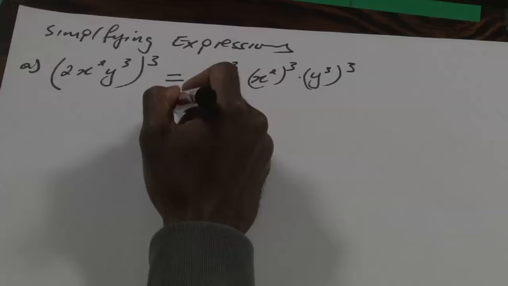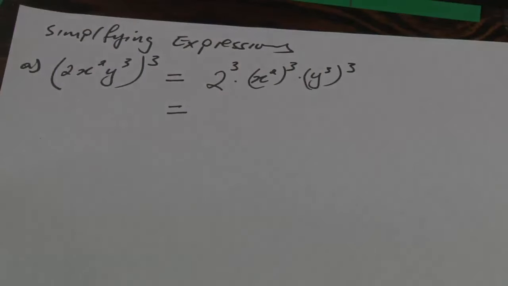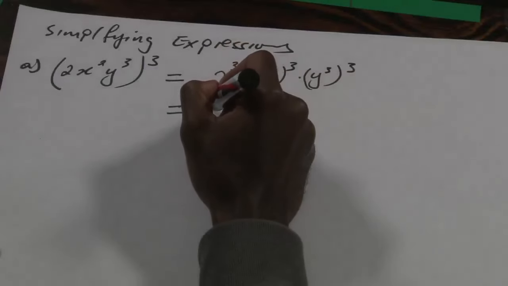And then the next thing that we need to do is look at what we have in C. C says that if you have a power raised to another power, that's the same as your base raised to the product of the two powers, which means your outer power and your inner power can be multiplied to form the new power. And therefore, for the constant, you have 2 to the power of 3, which is just 8, isn't it?